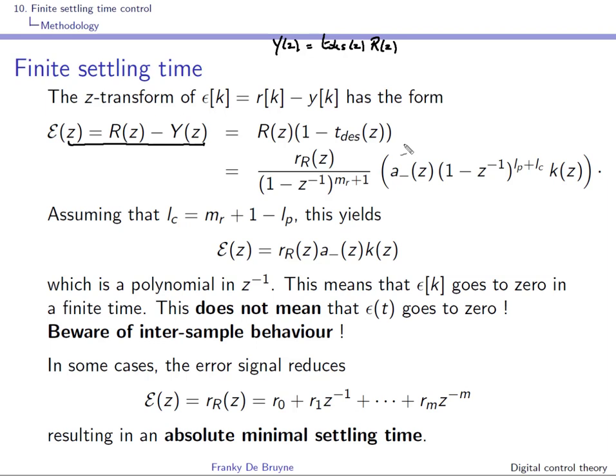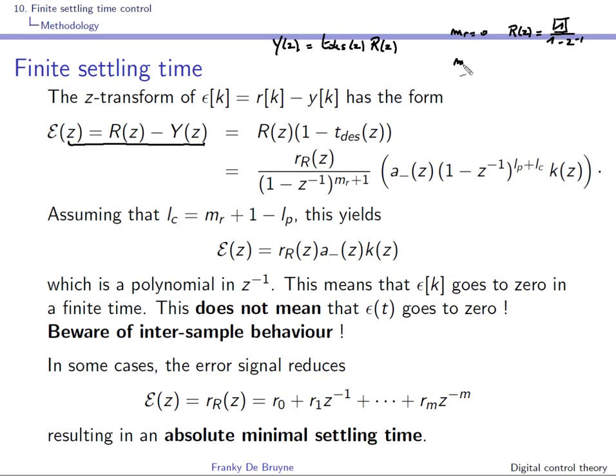We had considered two cases in section 5 related to steady state accuracy. We had seen that, for instance, MR equal to 0 corresponds to a reference signal that is 1 over 1 minus Z minus 1. This is simply a step input, right? In this case, this polynomial is simply 1.